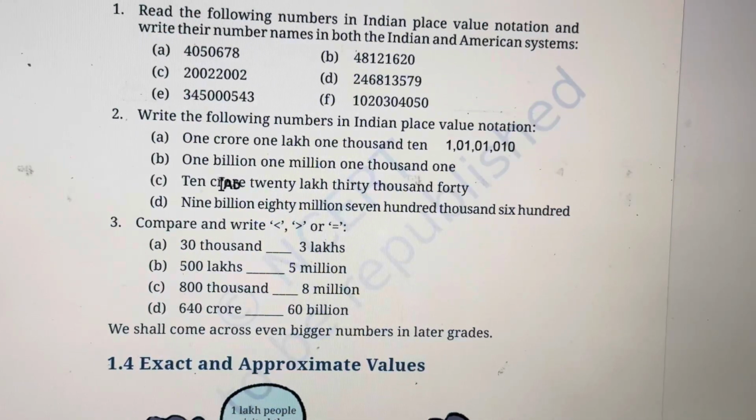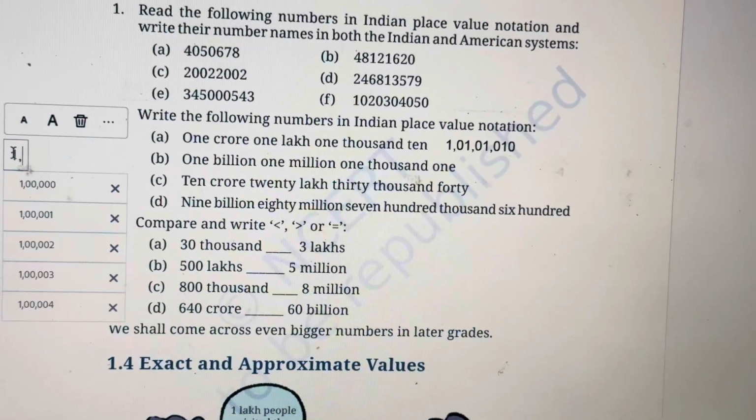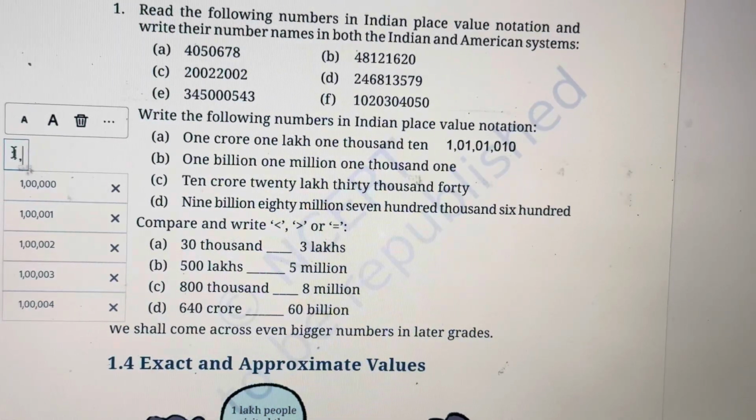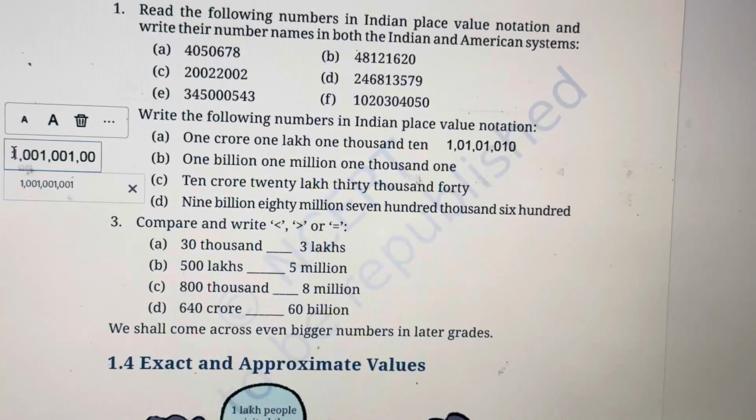Now the second question is 1 billion, 1 million, 1,001. Now the question is given in American system and the answer is asked in the Indian place value system. So what we will do, on the left hand side we first write in the American system with the commas. 1 comma, it is 1 billion and 1 million, so 001 for million, comma, 001 for 1,000, and again it is 1, so 001.